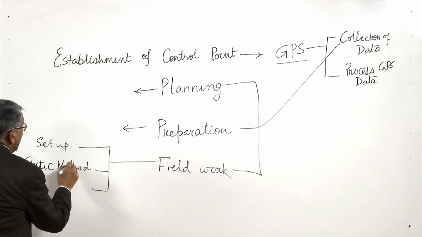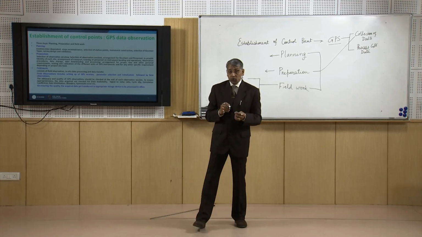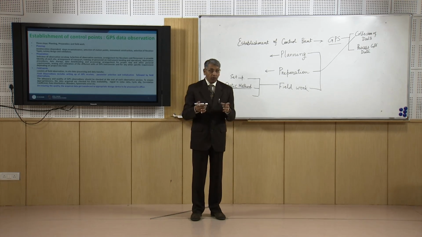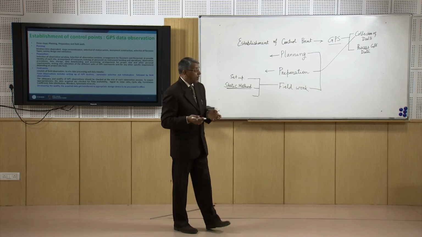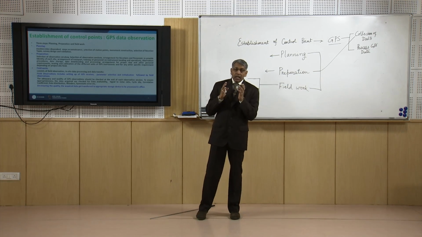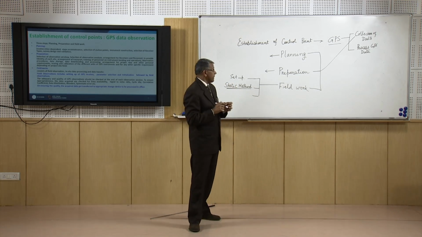We apply the static method, and we should ensure about the height of the instrument, the epoch of the observation, the duration of observation, and the availability of proper geometry of satellites.